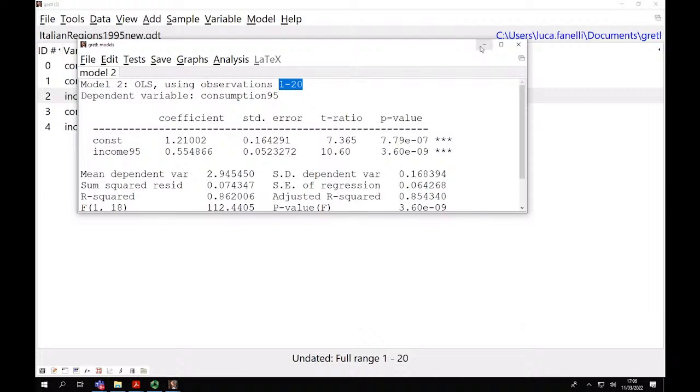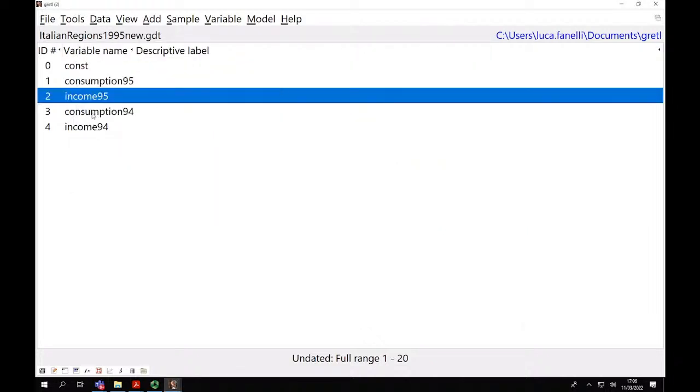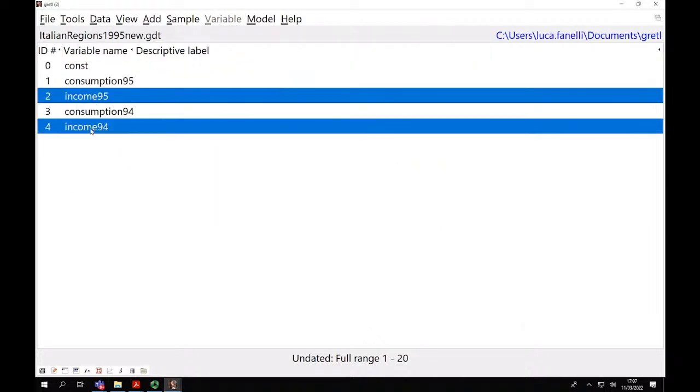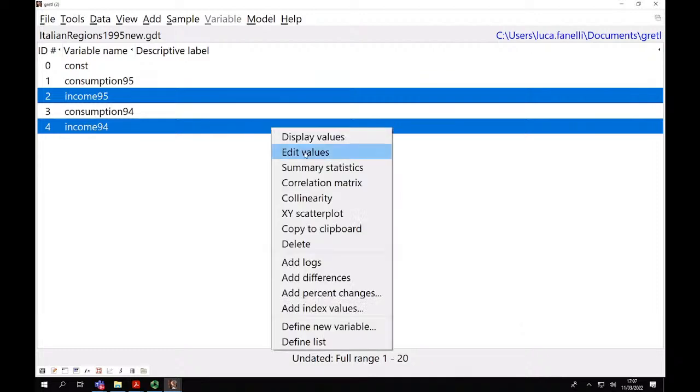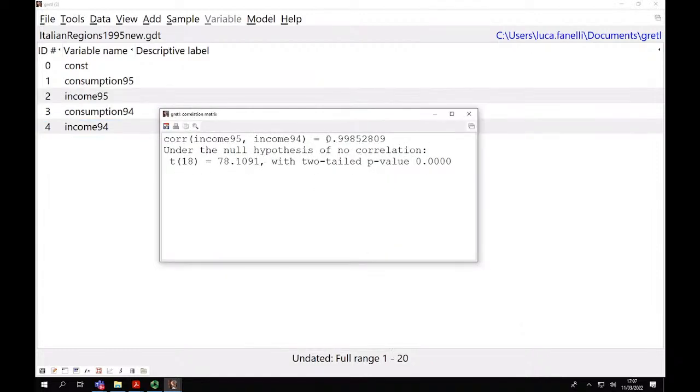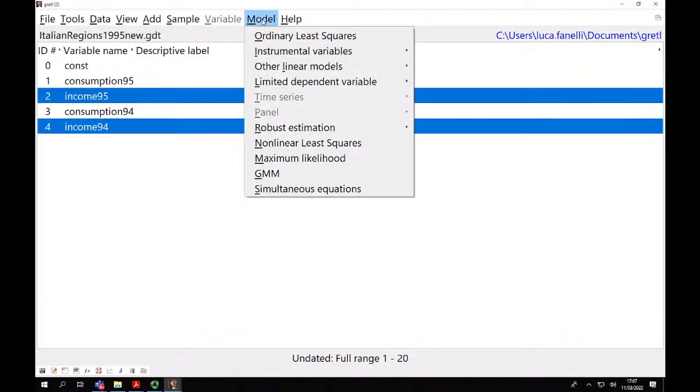If I look at the data, I realize that income in 95 and income in 94, the previous year, among the 20 Italian regions, are very, very strongly correlated, okay?